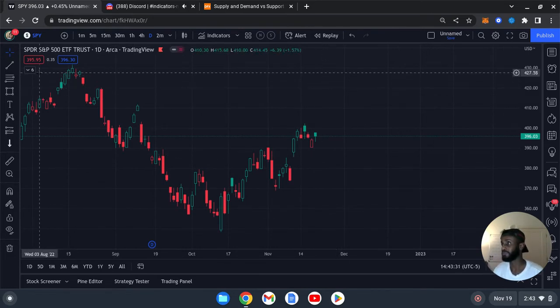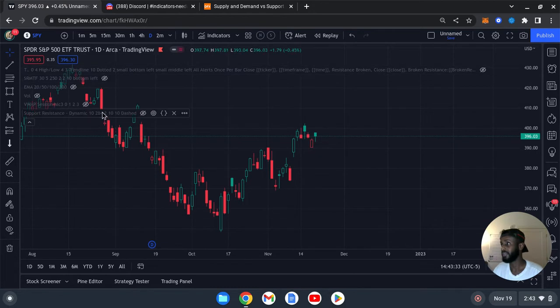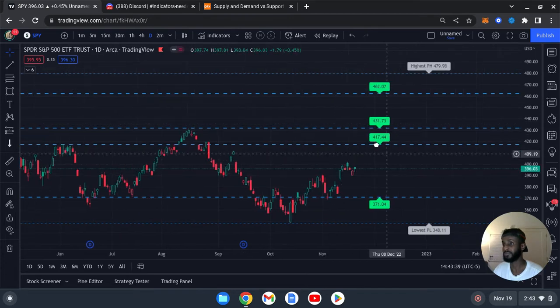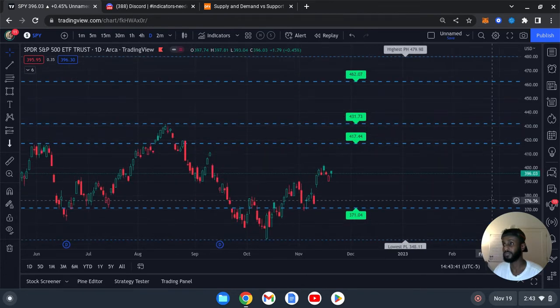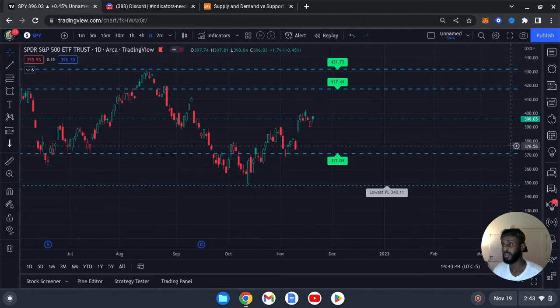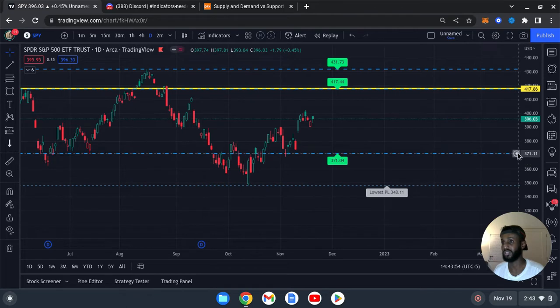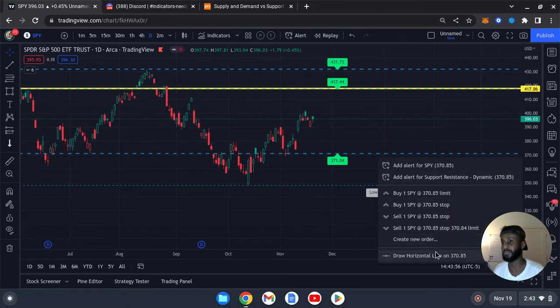This is the indicator that we use. Like I said, I'll put it in the Discord. And we'll find support and resistance levels that are close to our range. So if price is 396, we'll say these are the two highest levels. So we'll trade in between these levels.